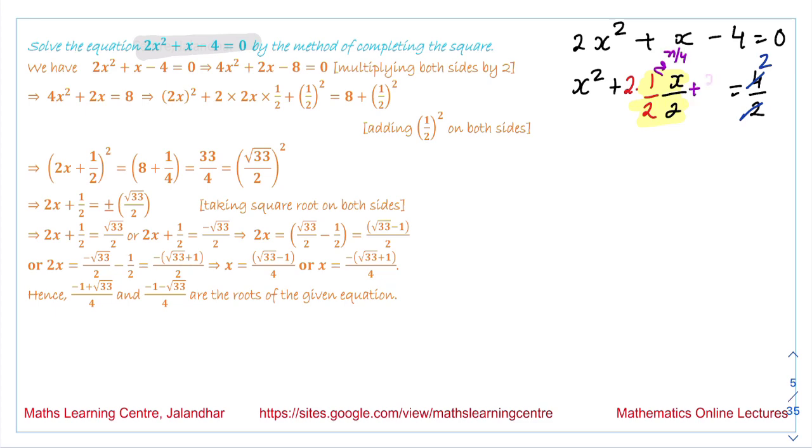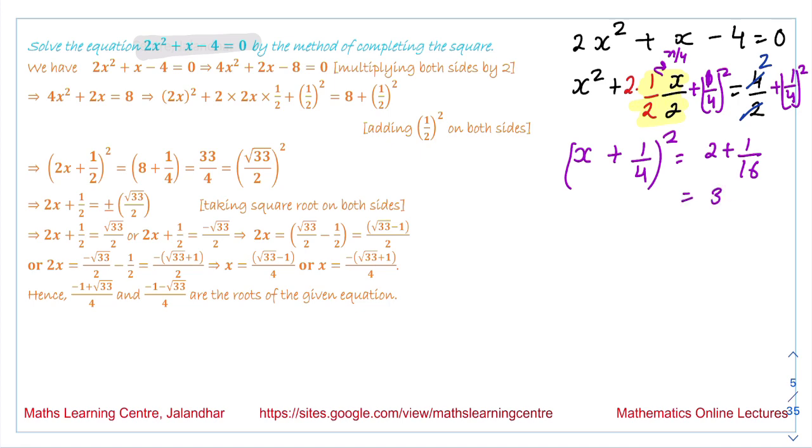So what we have done, we have added (1/4)² and we have added (1/4)² on both sides. So what our equation will become is (x + 1/4)² that is equal to 2 + 1/16, that is equal to 33/16.